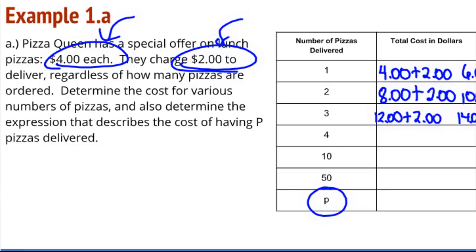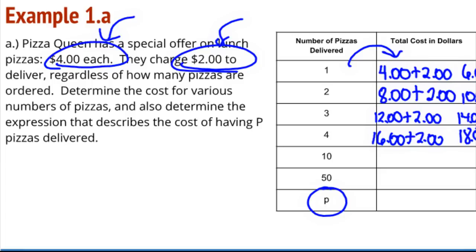Now at this point, a student could be fooled and say, oh, you just keep adding $4. No, that's not really what's happening here. We're looking at the relationship between the number of pizzas delivered and the cost. We're not looking at the relationship working vertically. 4 pizzas are going to cost me $16, and I will add $2, and I've got $18.